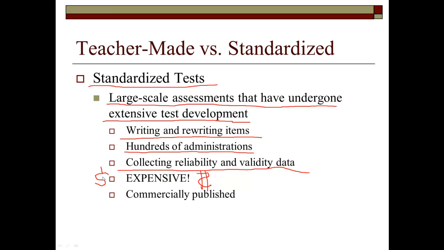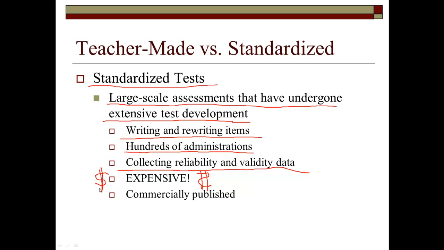And as you see, they do cost to take, as in the case of the Compass test, and also the SAT, the ACT, and one that I really remember was the Graduate Record Exam, GRE. That was almost $50 20 or 25 years ago.